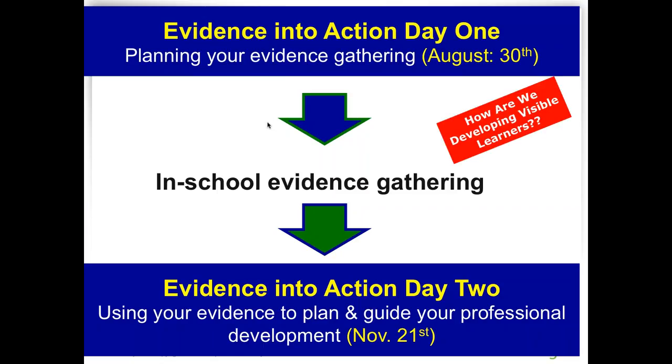I think a good place to start for all of us is how we are developing our visible learners. Certainly that will involve success criteria understanding, and how the students view what a good learner is. We'll get into feedback and some of the other pieces, but this is a great place to start.